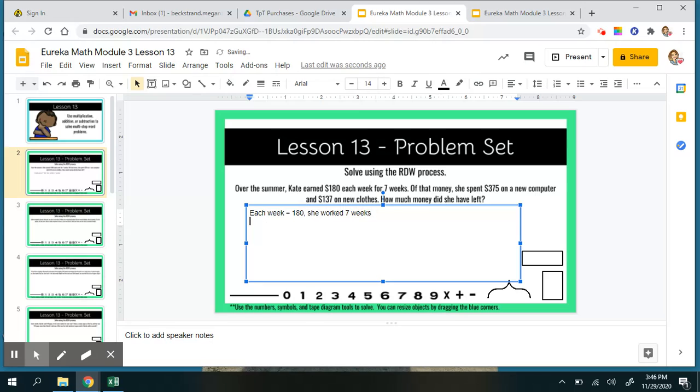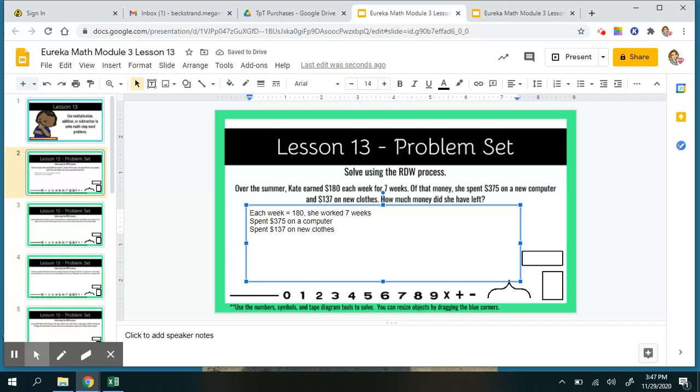She spent $375 on a computer. Kind of doing like our 4 square, I'm taking down our important information, and she spent $137 on new clothes.